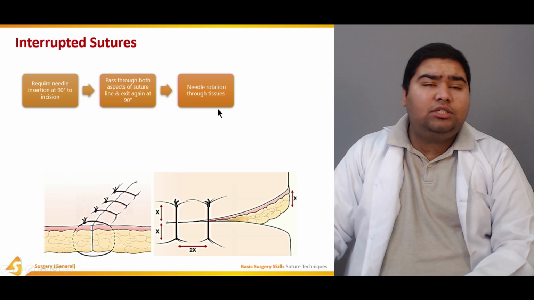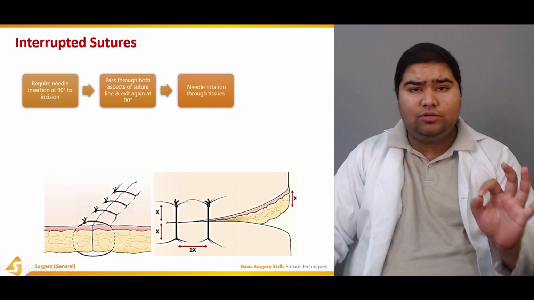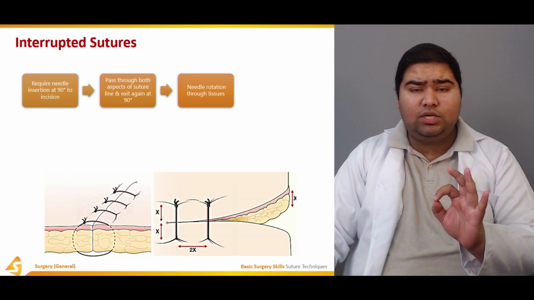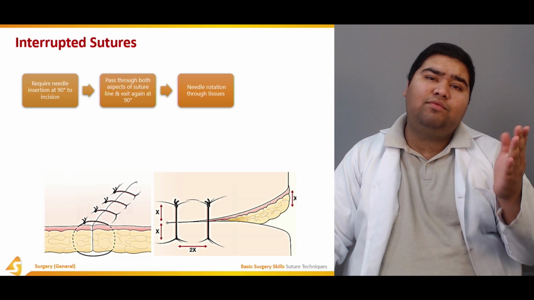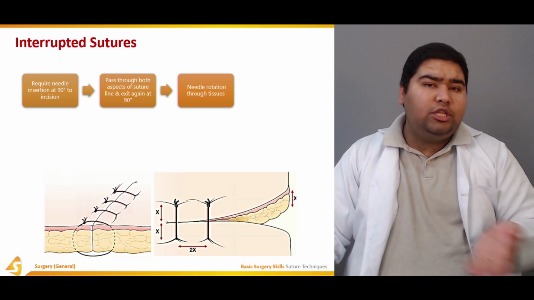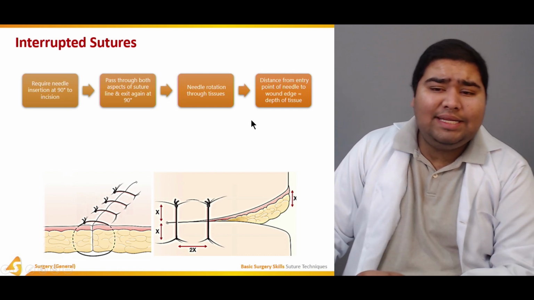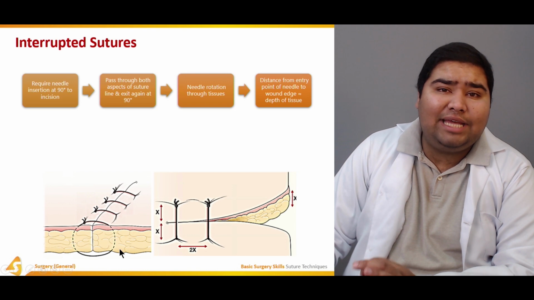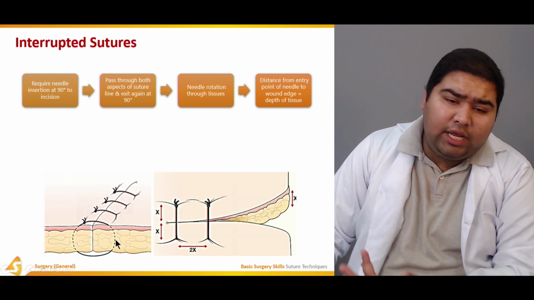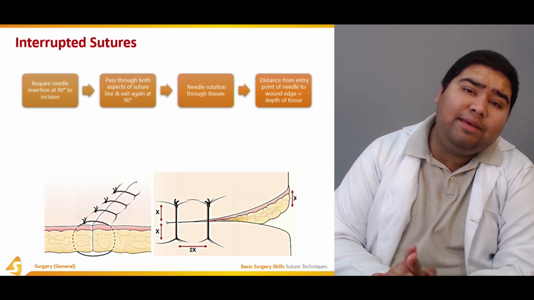Now, the needle rotation, it goes through the tissues. Obviously, you have inserted the suture with the help of your needle, and the rotation of that needle would follow the angle with which you'll close the wound. Now, the distance from the entry point of the needle to the wound edge is equal to the depth of the tissue. This is what usually happens, that the needle point covers the depth of the tissue.